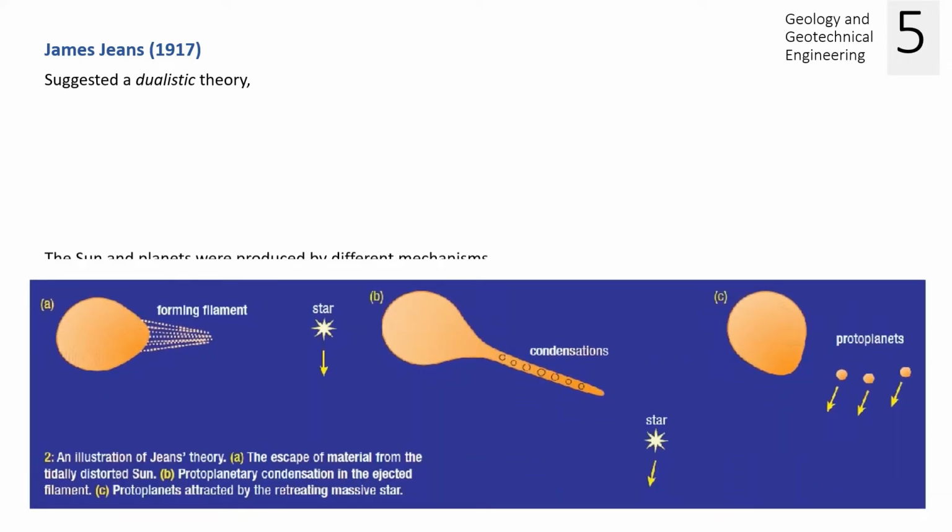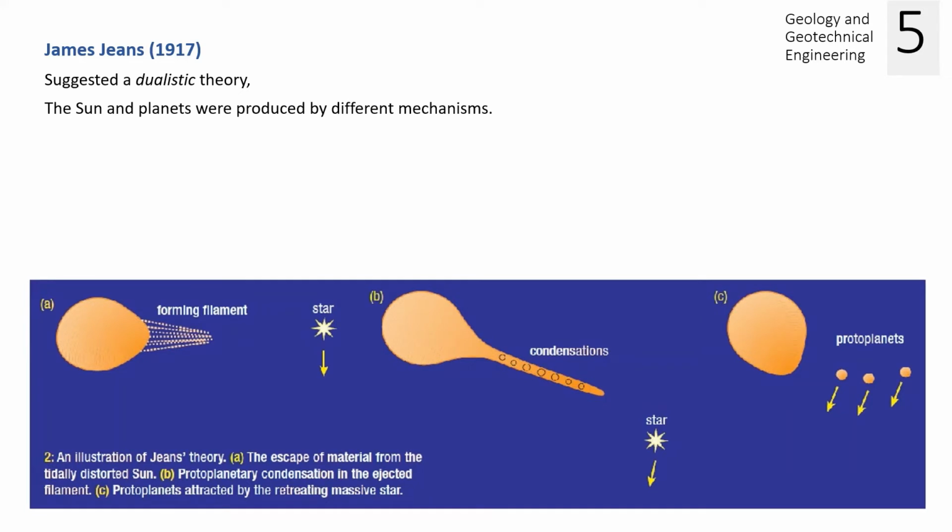James Jeans in 1917 suggested a dualistic theory. He proposed that the planets were produced by different mechanisms, and that a massive star passed by the Sun, drawing tidal filaments from it.